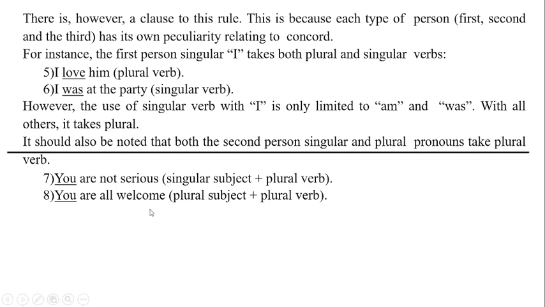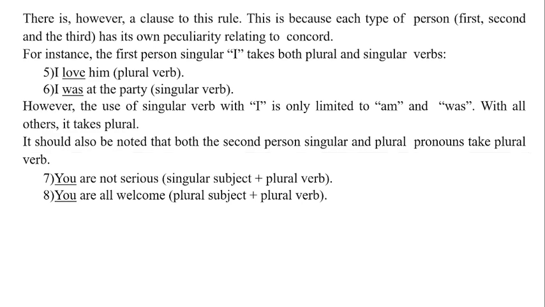So, you are not serious. That's an example, example number 7. You have you as a singular subject, yet it is taking a plural verb. The singular form of this are is is.